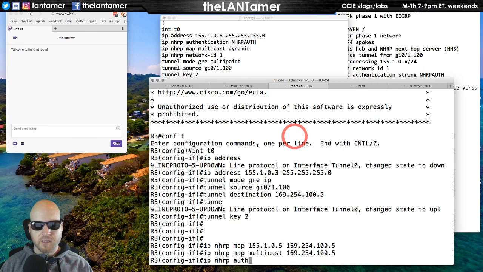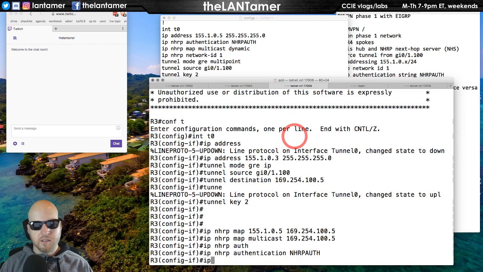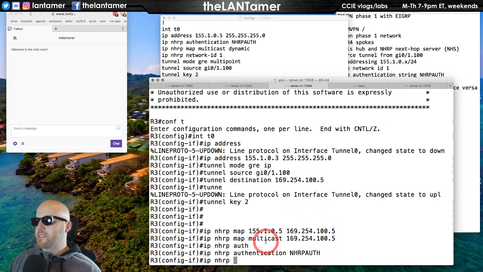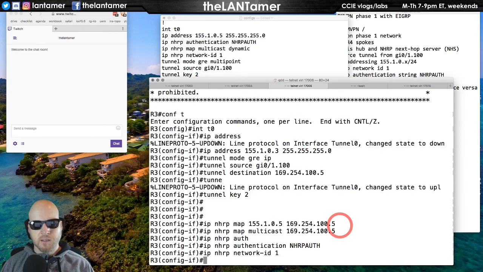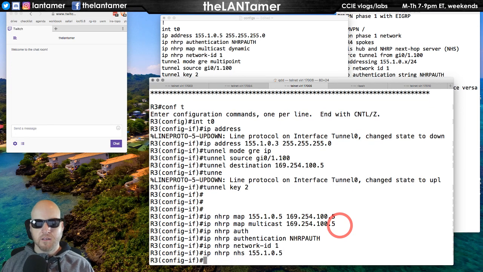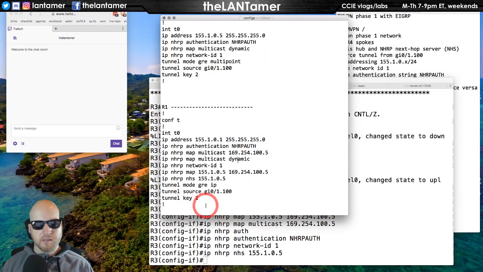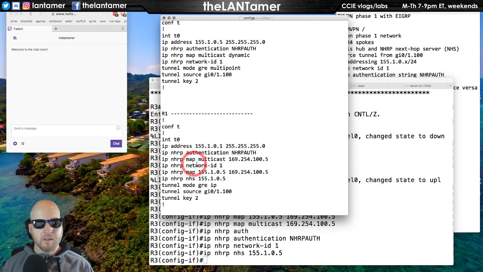IP NHRP authentication. Again, this is not secrecy. This is just preventing accidental configurations, keeping you from making an administrative mistake. IP NHRP network ID of 1. IP NHRP NHS. Okay, is that all I needed? We're getting better. 5 NHRP statements, 3 tunnel statements, and 1.